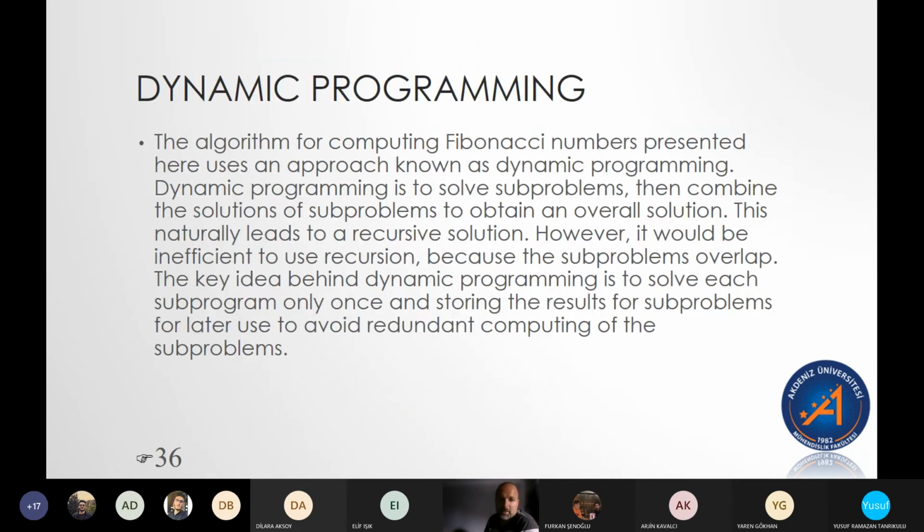And what we refer to this as is what's called dynamic programming. And the idea is that Fibonacci seems like it might be simple and easy to program as a recursive definition, but it can end up being a very slow algorithm. It's inefficient to use recursion because of the subproblems that overlap.